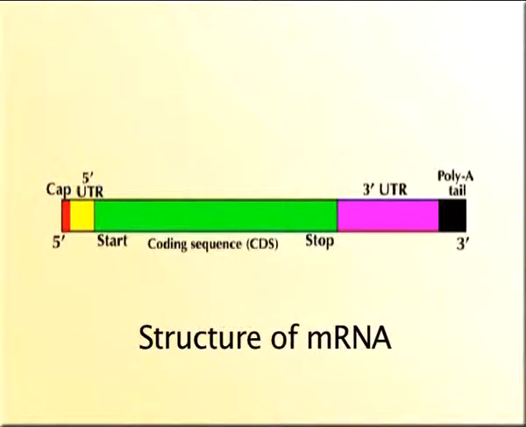Untranslated regions or UTRs are sections of the mRNA before the start codon and after the stop codon that are not translated, termed as 5' untranslated regions and 3' untranslated regions respectively. These regions are transcribed with the coding region and thus are exonic as they are present in the mature mRNA.